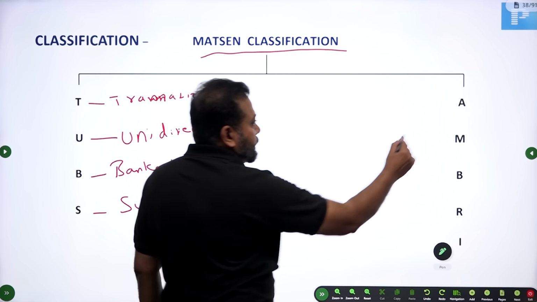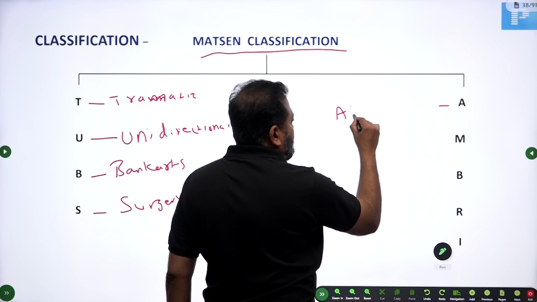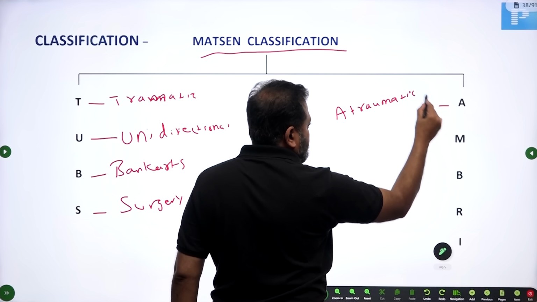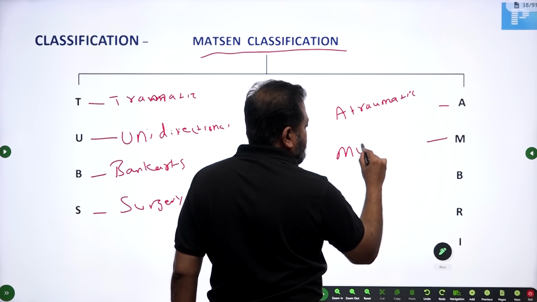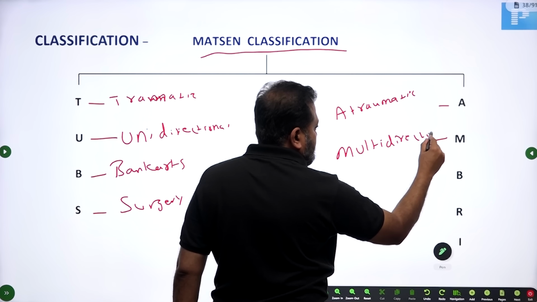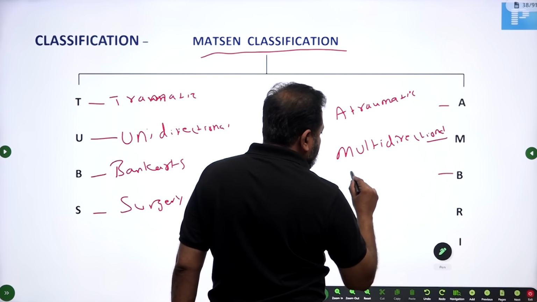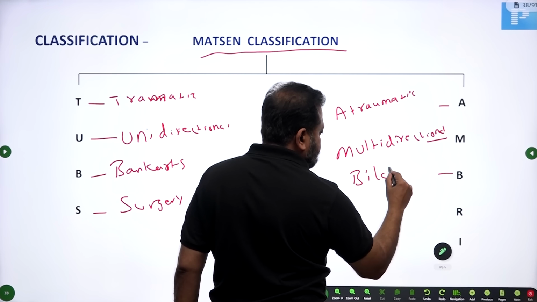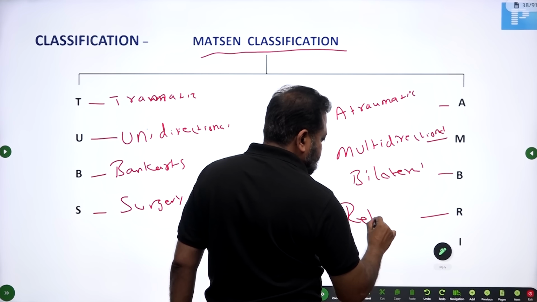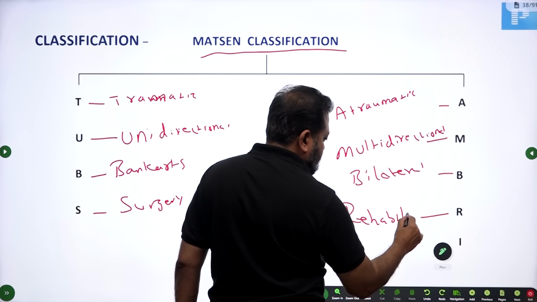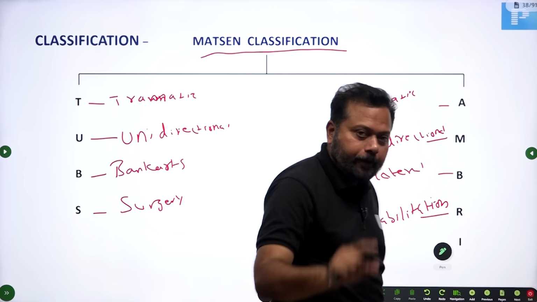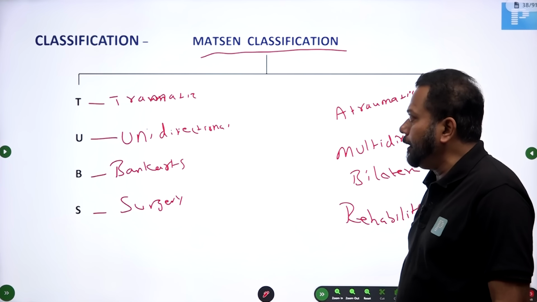AMBRI is atraumatic, multidirectional, bilateral, rehabilitation. This is the simplest way of remembering this very important area for FMGE.